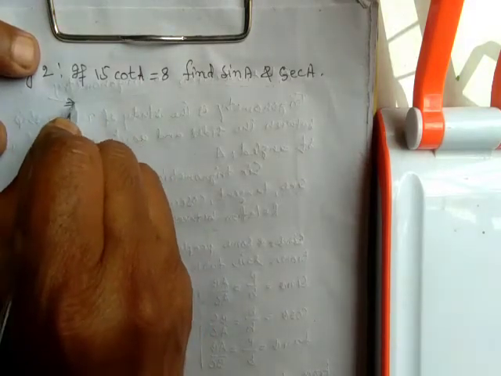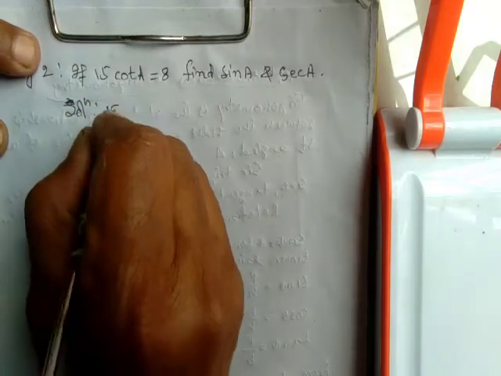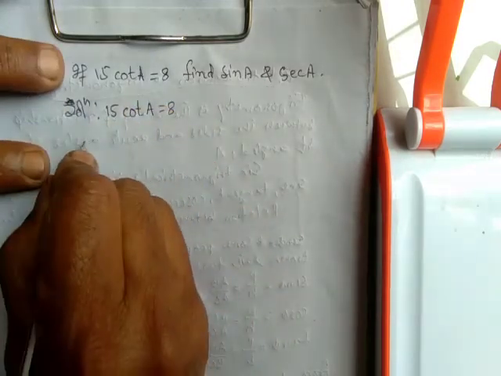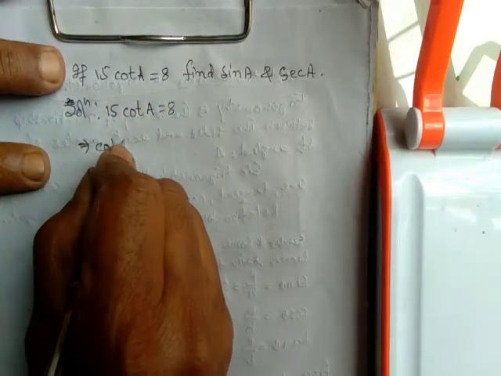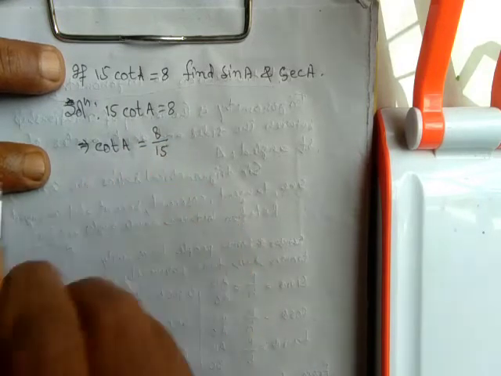Solution: given to us is 15 cot A is equal to 8. This implies cot A is equal to 8 by 15.